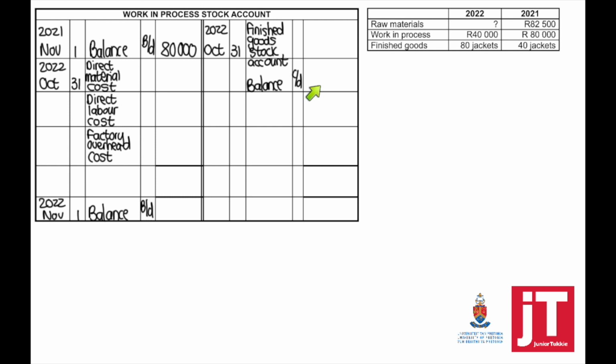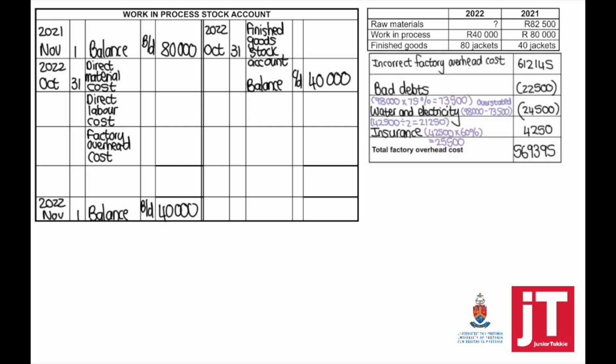On the credit side, we have the balance carried down. And what do we calculate? The cost of finished goods produced, which is taken to the finished goods stock account. So if I look at what else they have provided me with, they provided the work in process at the end, which means that the balance brought down is 40,000 and the balance carried down is 40,000.